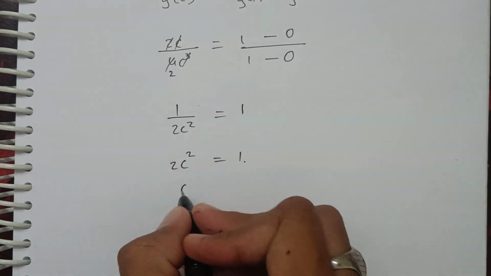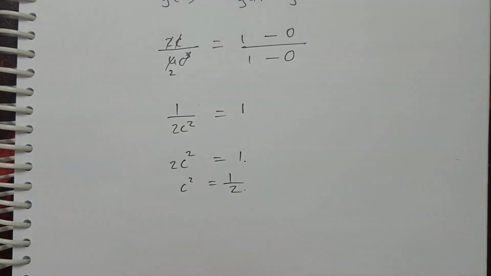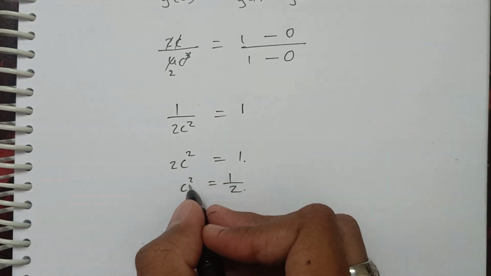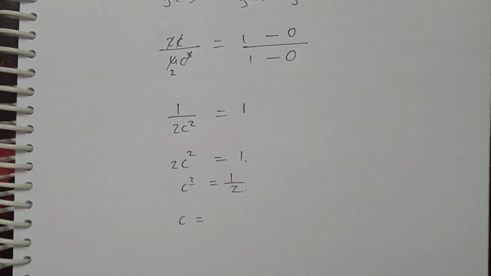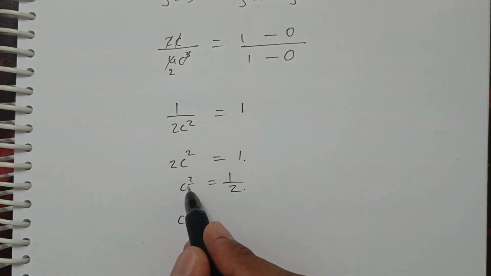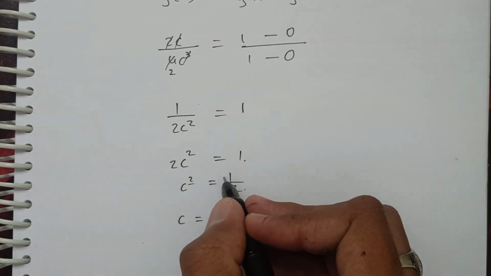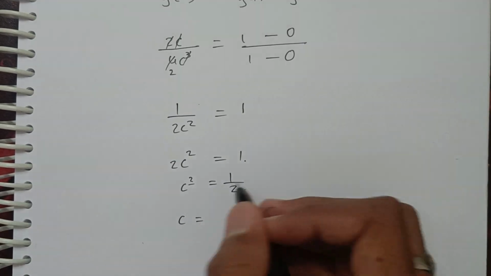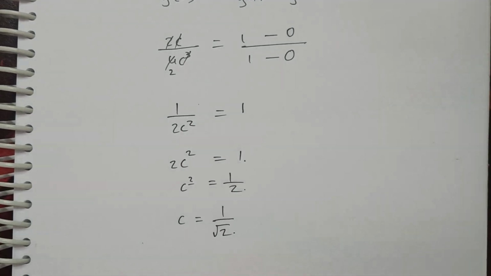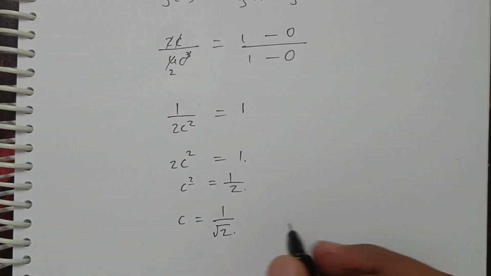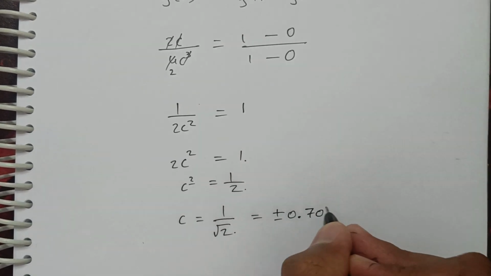Now c square is equal to 1 by 2, and when we take the square to the other side, it will become the root. So root of 1 is 1 only, so it will become 1 by root 2. So the value is plus or minus 0.7071.